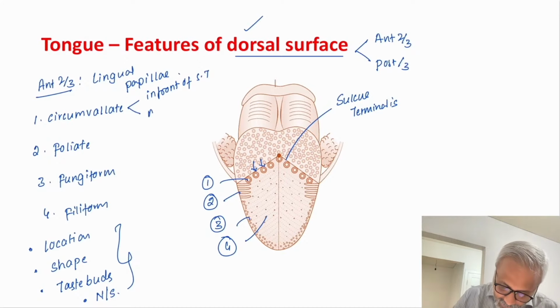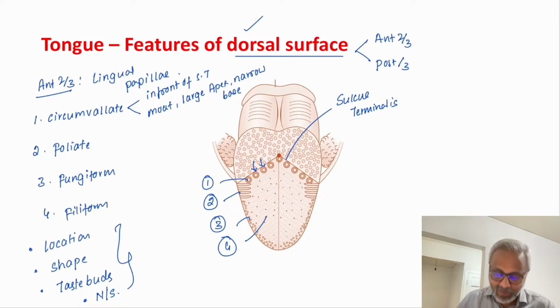These have a moat, and within that they have a papilla with a large apex and narrow base. So this is regarding morphology. Then what about taste buds? Taste buds are present in plenty in case of circumvallate papilla. Then how about nerve supply? These are supplied by the glossopharyngeal nerve.